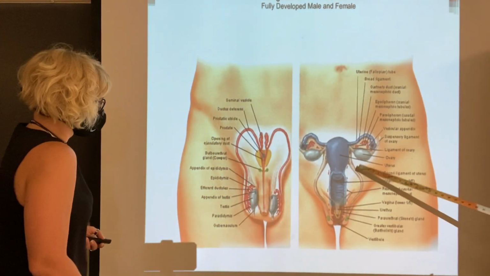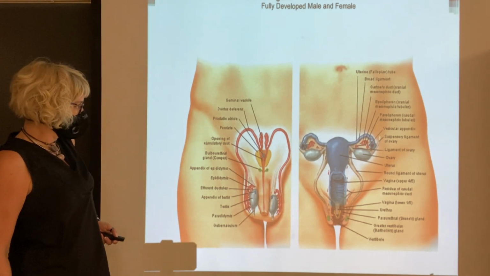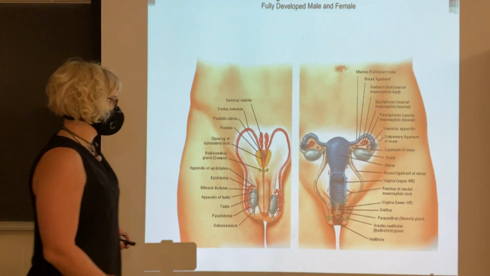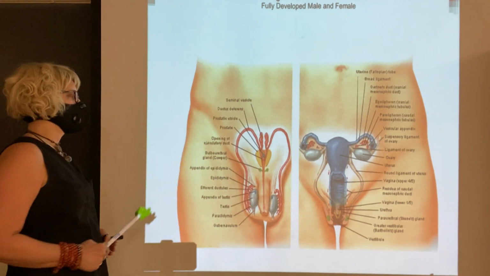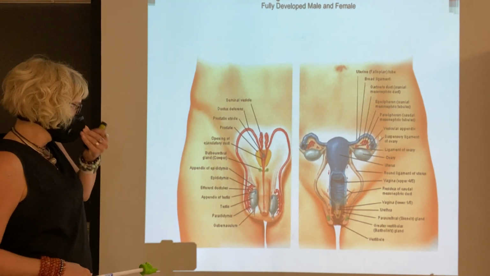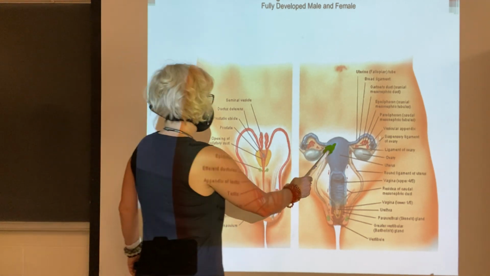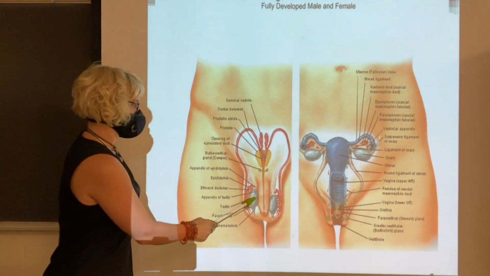Here we are. This is what we were talking about. Okay, so this is exactly what Dr. Saviuk was talking about, the analogy between the structures of the male and the female. Exactly. All right, so let's take a look here. You see the uterus, and you can see the testes.